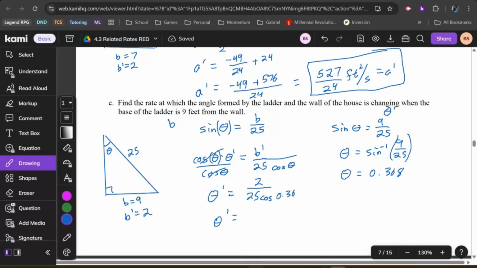This cosine theta is 0.368. So we put this into our calculator: 2 divided by 25 times the cosine of 0.368 radians. And we get that theta prime is equal to 0.0857, so 0.086 rads per second, because it's how many radians it's changing.